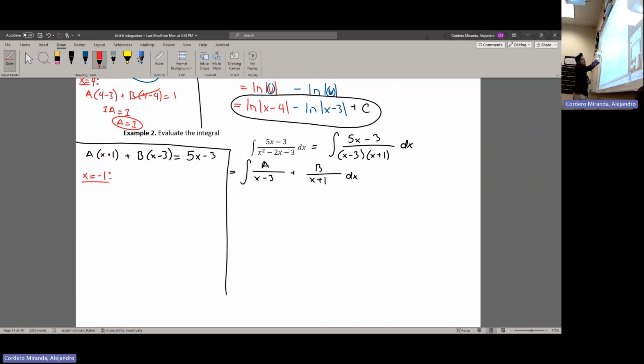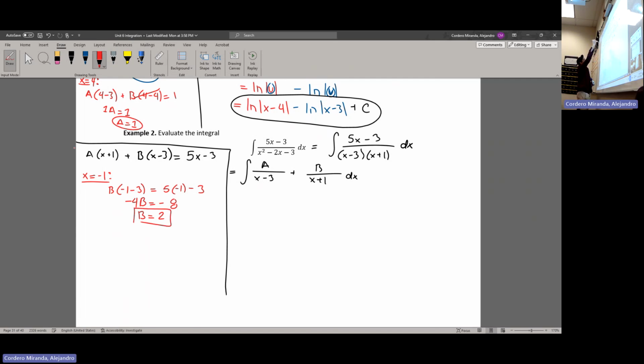A would go to 0, and I would get B times (-1 minus 3) is equal to 5 times -1. This gives me -4B equals -8, meaning that B must be 2.